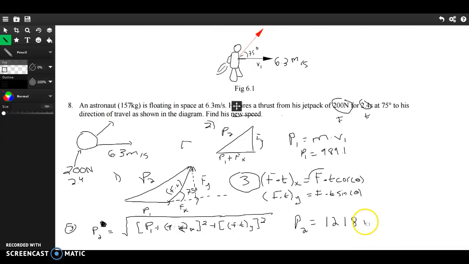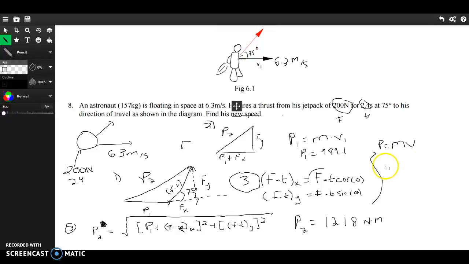Right. But we don't have our answer yet. We have the momentum, but we don't have his speed. To find that, we're going to have to go back to our original momentum formula, which is P is equal to mv. All right? So when he was moving along, his velocity changed, but his mass didn't change. He didn't get any heavier.